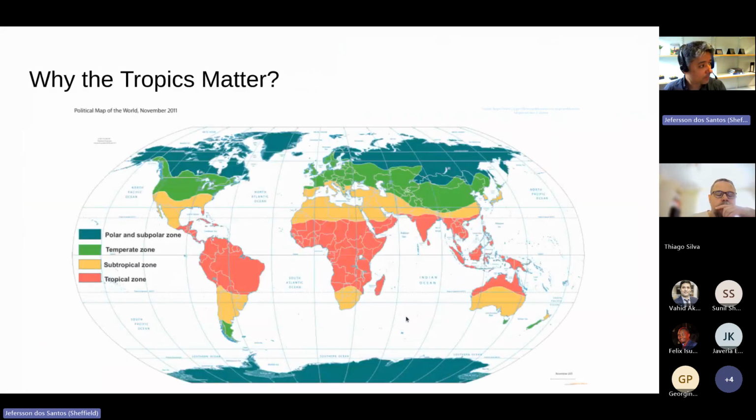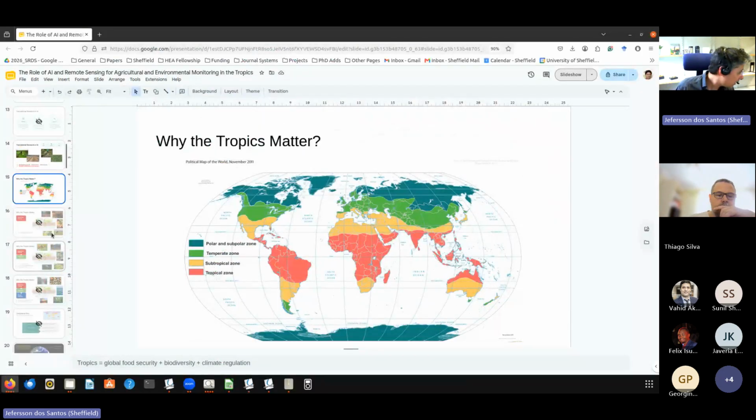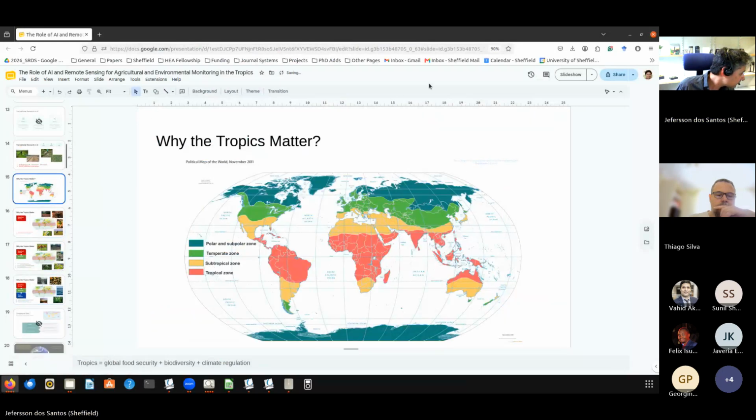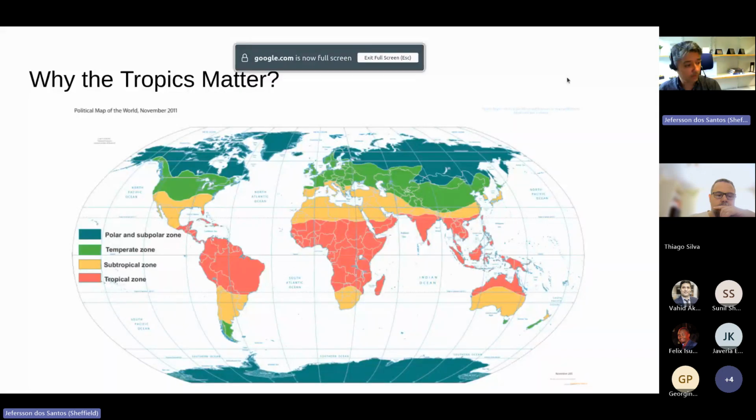So we need to understand also some details about the application. And why do the tropics matter? In my case, I'm very interested in this because I see a lot of interesting research on that. Sorry, I have hidden some slides by mistake. Okay.